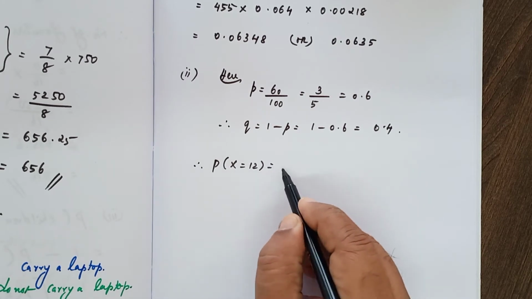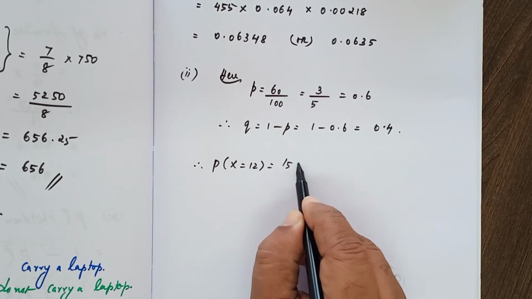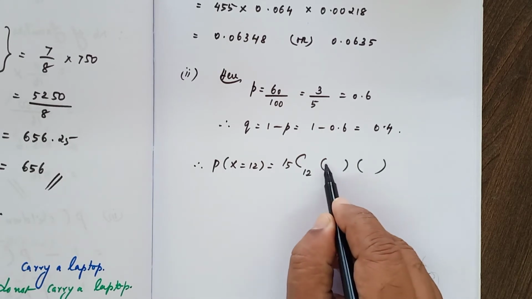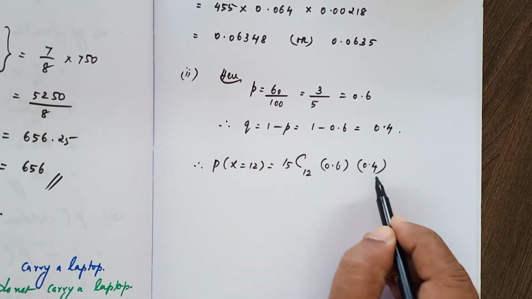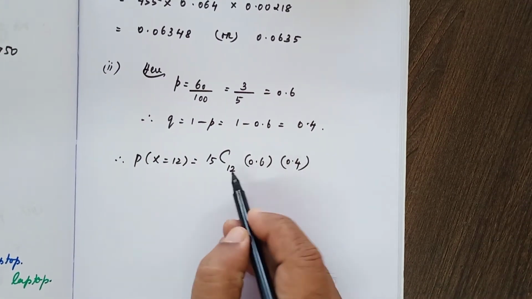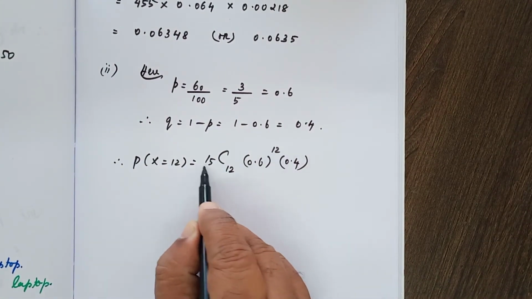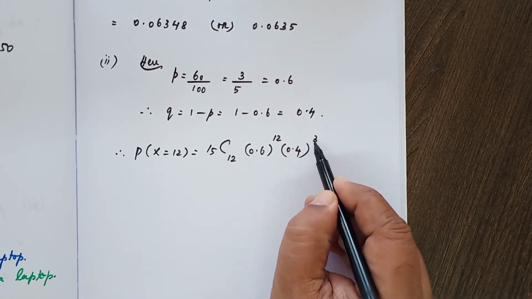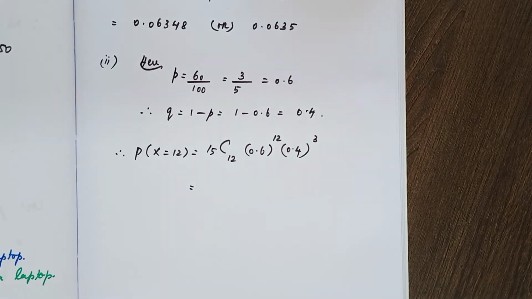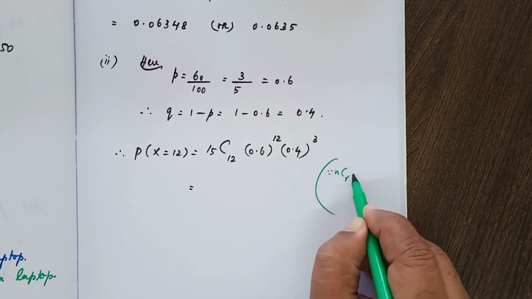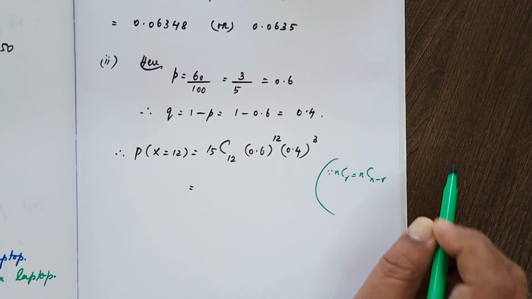You know the formula, nCx, n value is 15, x is 12, P value 0.6, Q value 0.4, here power 12, here 15 minus 12, 3. 15C12 can be written as 15C3 because nCr is equal to nC(n minus r).